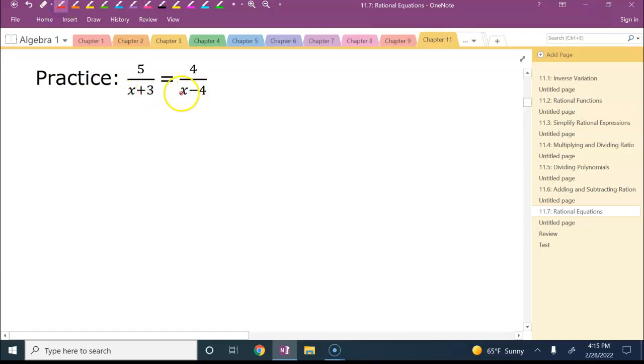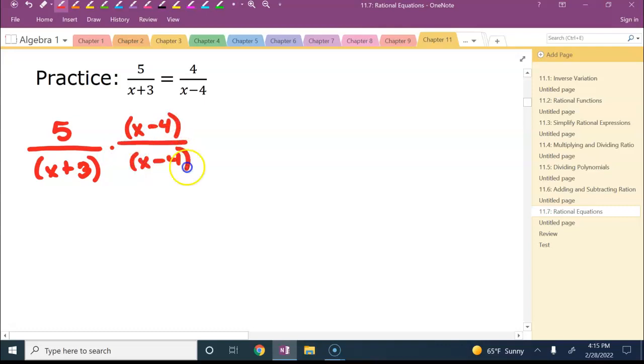So your common denominator would have been the x plus 3, x minus 4. So you need to take the first fraction times x minus 4. And the other side, you need to take that one times the x plus 3.